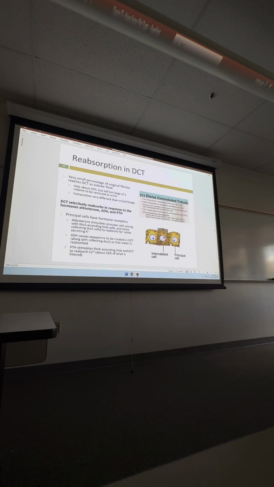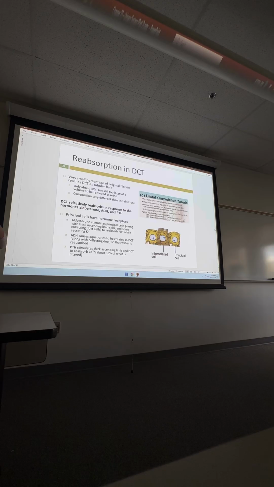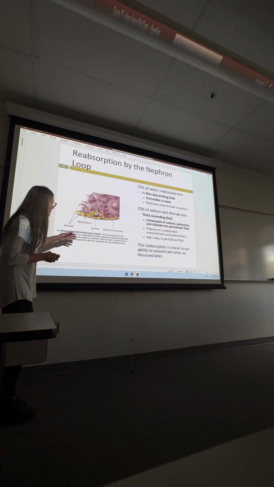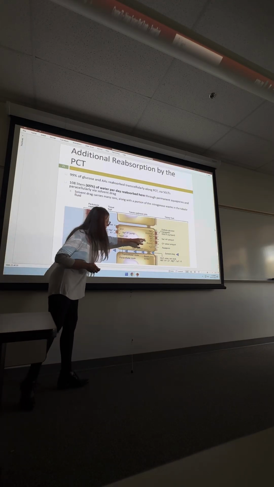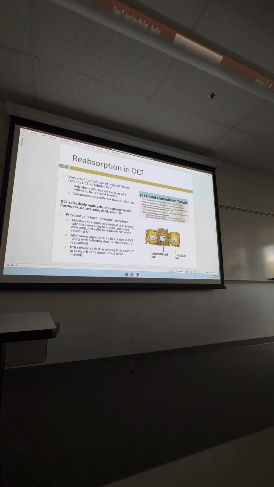Yeah, very important. So the principal cells are really cool. And then we have these intercalated cells, and the intercalated cells come in more than two types, but that doesn't matter. You're just going to know about intercalated type A and intercalated type B. And if we have a low pH, then those type A cells are going to secrete hydrogen and retain bicarbonate.